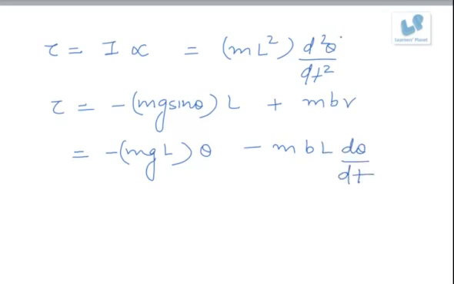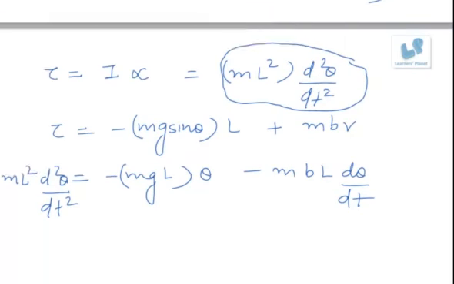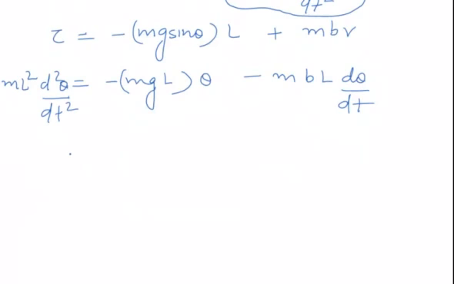Now this torque can be substituted by ml square d square theta by dt square. In this expression m cancels out, and here this force we have not multiplied with the L, so this will become L square.